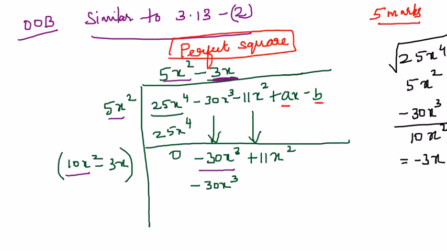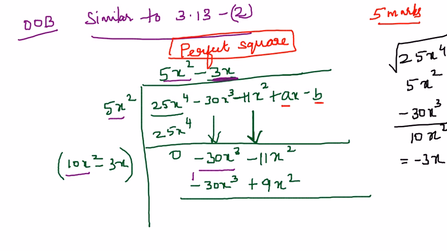Minus 3x into minus 3x gives me plus 9x squared. Did you notice a mistake that I made? When I took this down over here, I wrote plus 11x squared, but it is minus 11x squared, right? We should be very careful. So now we will subtract as usual.